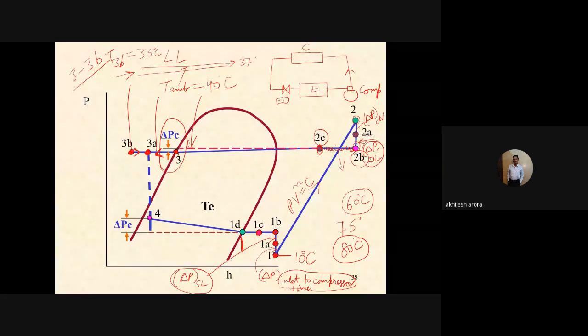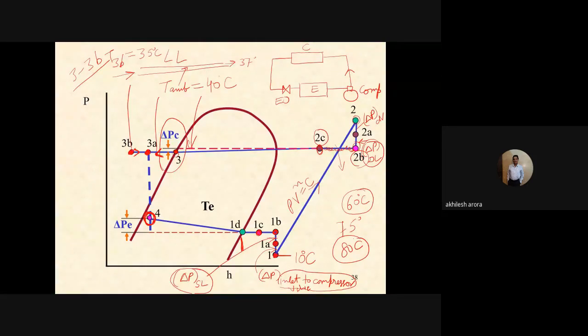What we have considered here is that it leaves the expansion device at state point 4 and then enters the evaporator. We have not considered the expansion line because usually the expansion line is very small in length, so we are neglecting that part here. So at state point 4, the refrigerant enters the evaporator. Now in the evaporator also, because of its length, there will be pressure drop.